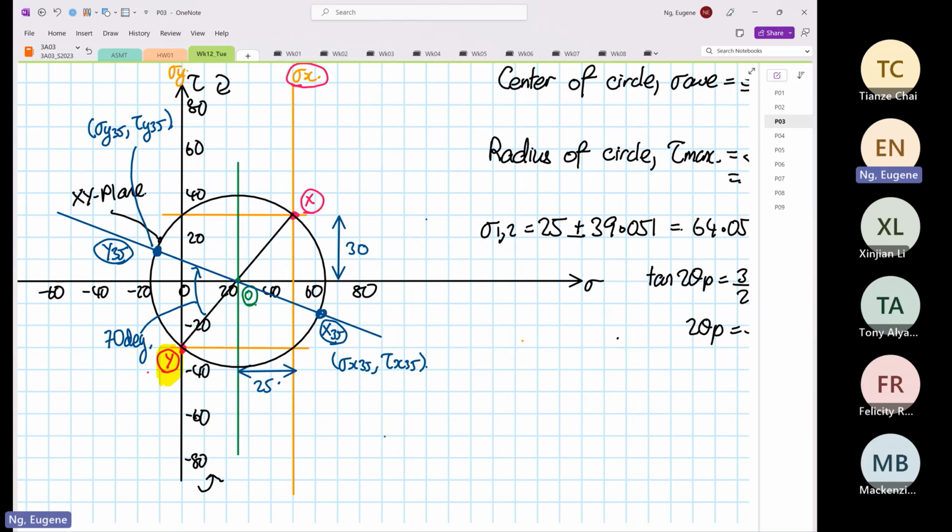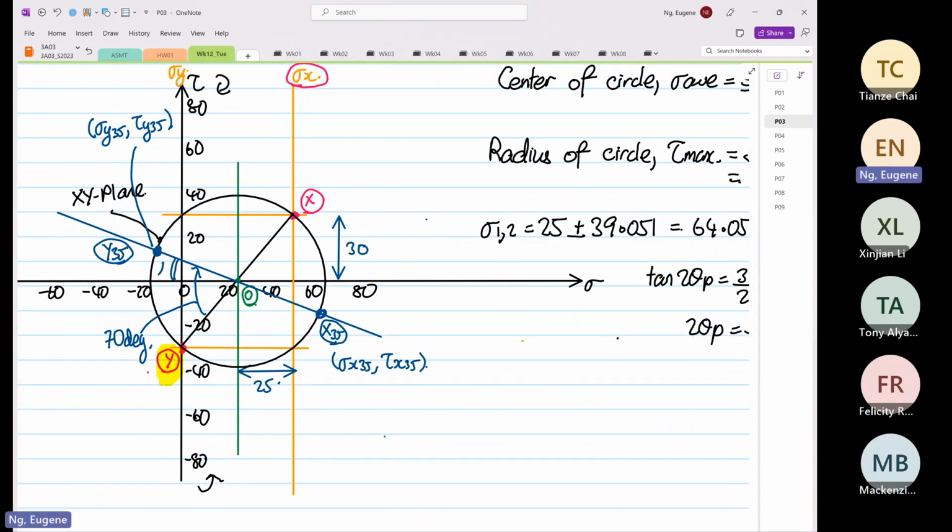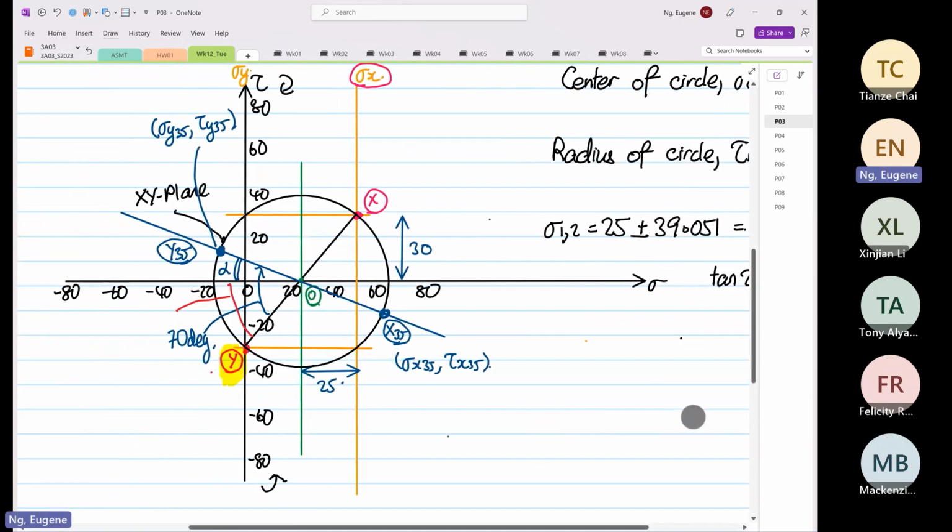Right. So the first thing we're going to do now is some very basic calculation. We want to calculate this angle over here. We will call it angle alpha, right? And what we do know is this angle over here, I will use a different color. This angle, which we have found, is 50.2 degrees.